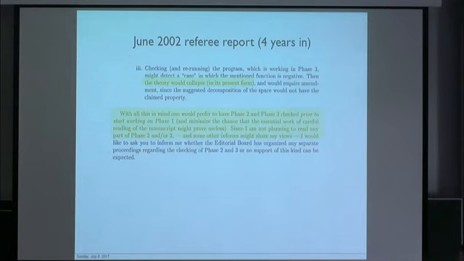And then the referee says, with all this in mind, one would prefer to have phase 2 and phase 3, the computer parts of the proof, checked prior to starting work on phase 1, to minimize the chance that the essential work of careful reading of the manuscript might prove useless.